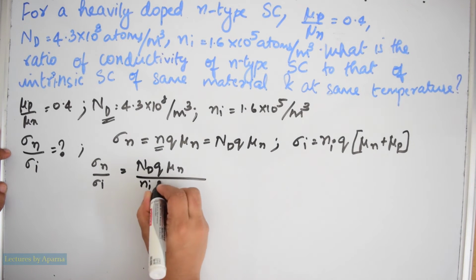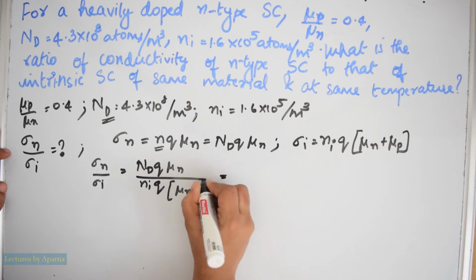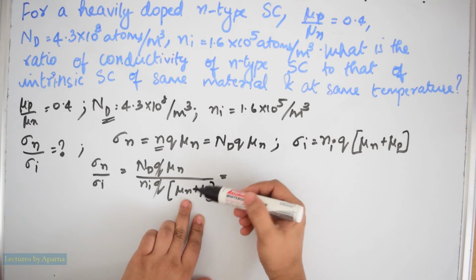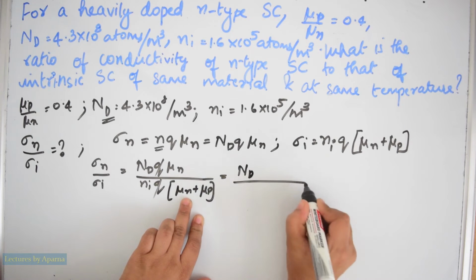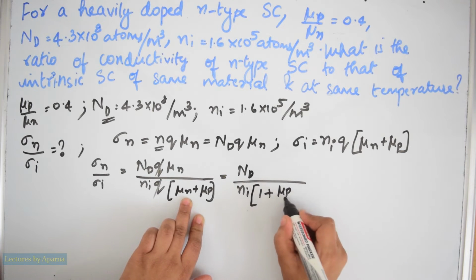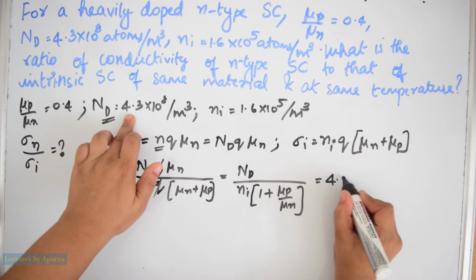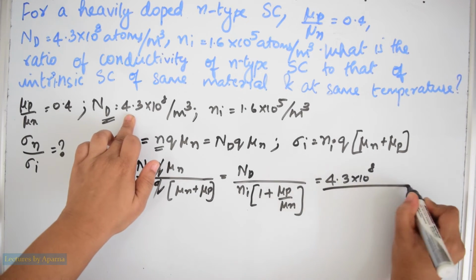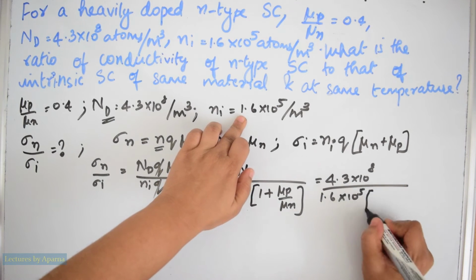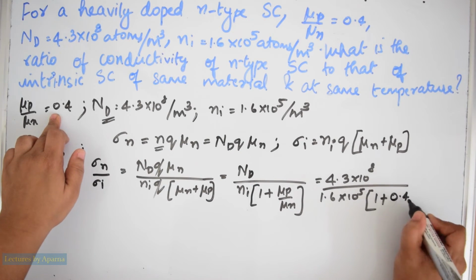by Ni q into mu n plus mu p, which will be equal to, this q will cancel. We are dividing the numerator and denominator by mu n. So we get Nd divided by Ni into 1 plus mu p by mu n, which is equal to Nd is 4.3 into 10 raised to 8 divided by Ni is 1.6 into 10 raised to 5 into 1 plus mu p by mu n is 0.4.